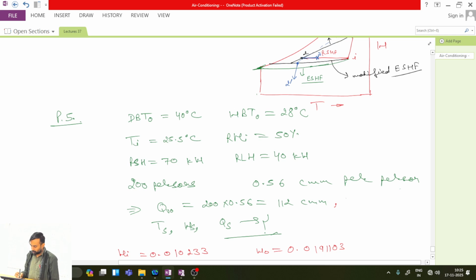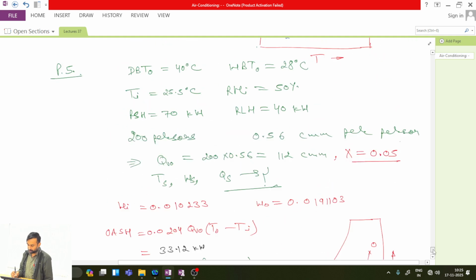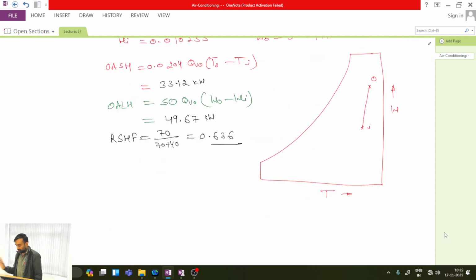Let us also take one more data. It is given in the question that bypass factor is 0.05. Okay. So X is given in the question. Please note down this point. Bypass factor is also given in the question. It is 0.05. Okay. Anyone is having any doubt up to this point?